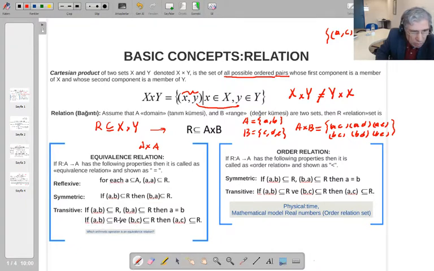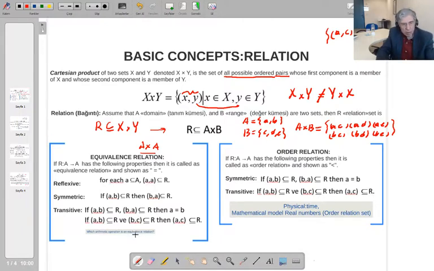If (a, b) belongs to R, the subset relation, and (b, c) also belongs to R, then (a, c) must also be inside this relation. If those three properties are included in a relation which is defined on this set A, then this relation is called an equivalence relation.